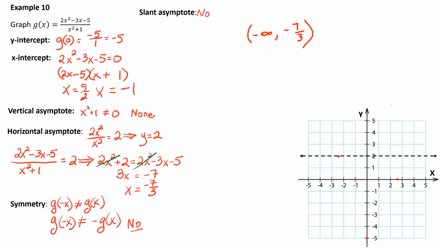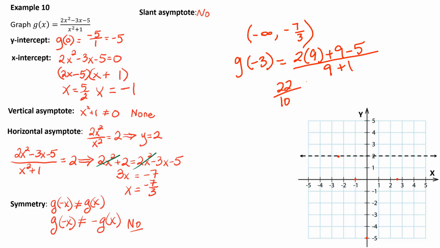So I'm just going to check negative 3 since that's a whole number. So g of negative 3 is equal to 2 times 9 plus 9 minus 5 over negative 3 squared is 9 plus 1. So that is 18 plus 9 is 27 minus 5 is 22.